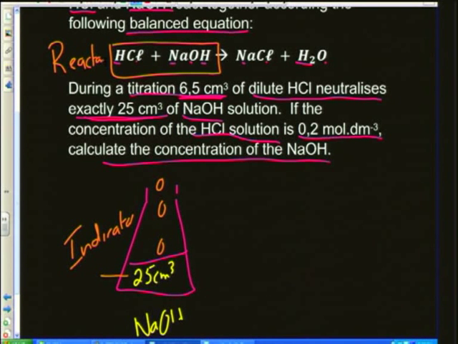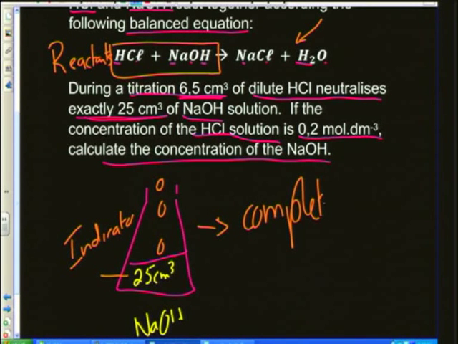When all of these are gone, so they don't exist anymore, they've combined, and you've only got that, that's the point that we say completely neutralized. Completely neutralized. It means that there's not even one little sodium hydroxide or hydroxide molecule or ion floating around.